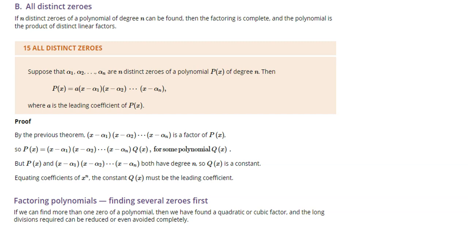A quadratic has no more than 2 zeros, a cubic no more than 3, a quartic no more than 4, and so on and so forth. Then if you find n zeros of an n degree polynomial, you finish factoring.